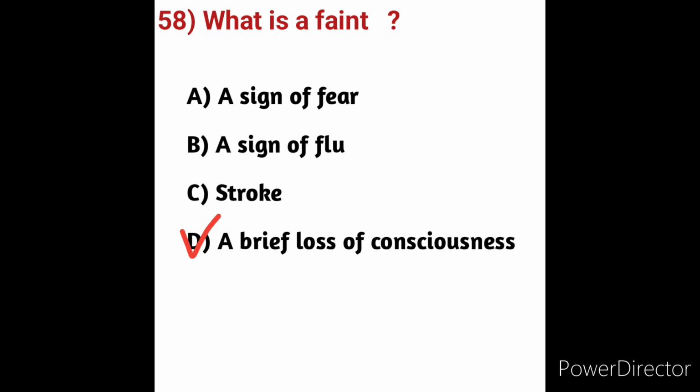Elevate the person's legs to restore blood flow to the brain. Loosen tight clothing, because if we loosen tight clothes, breathing will improve. So here faint means option D, a brief loss of consciousness, which is the correct answer.